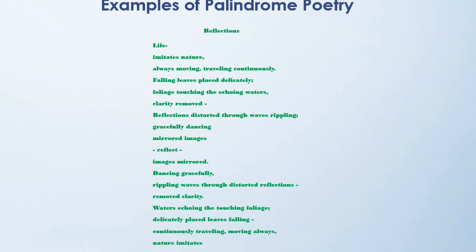This is a poem entitled Reflections. Life imitates nature, always moving, traveling continuously, falling leaves placed delicately, foliage touching the echoing waters, clarity removed, reflections distorted through waves rippling, gracefully dancing, mirrored images reflect, images mirrored, dancing gracefully, rippling waves through distorted reflections, removed clarity.